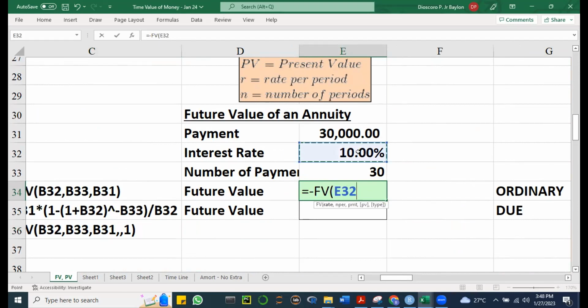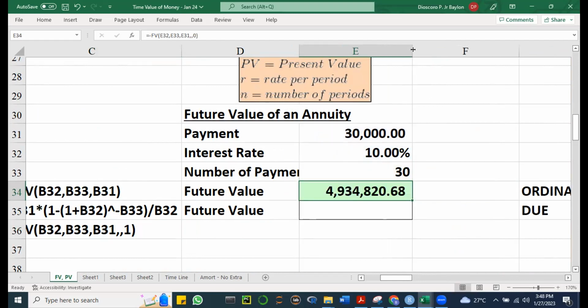The rate is 10%, NPER is 30 years, PMT is 30,000. No present value. Type 0, end of the period. Control enter. So we get 4.934 million.